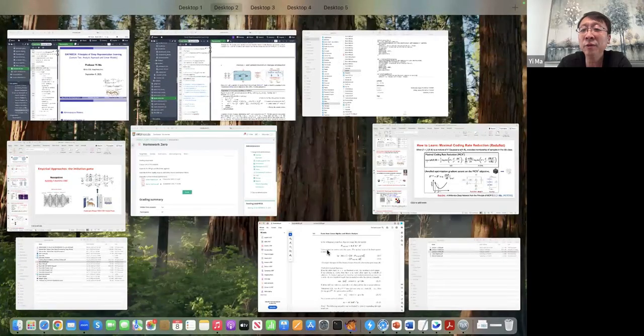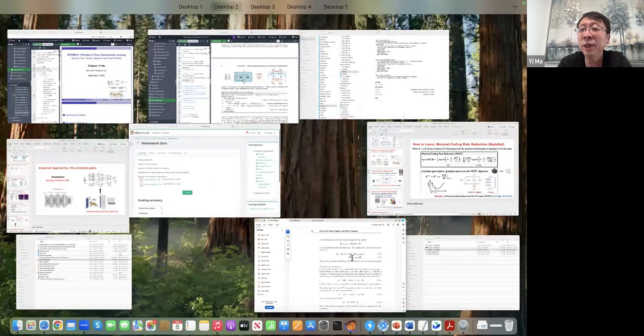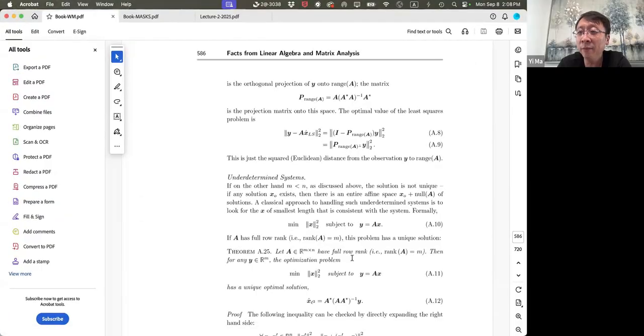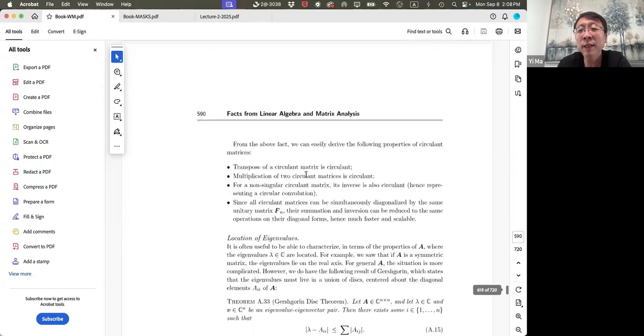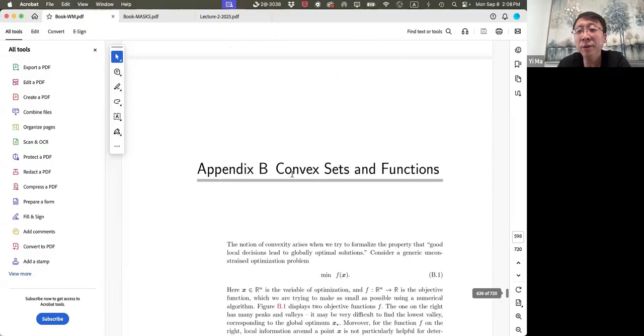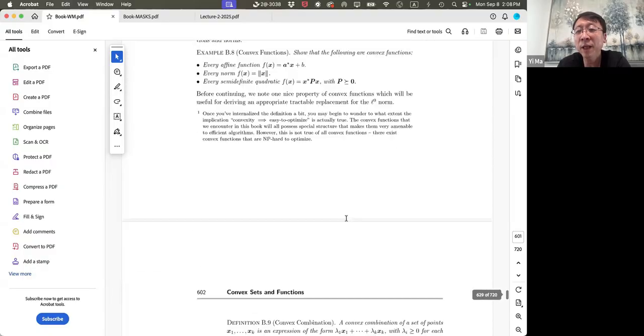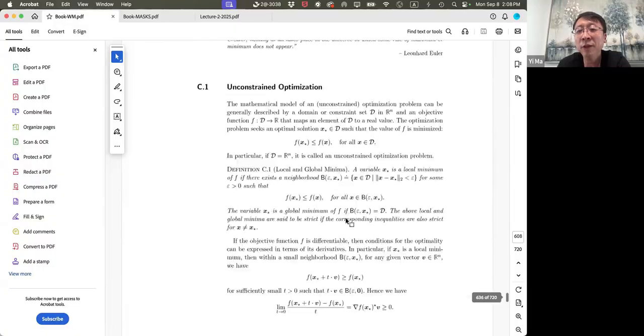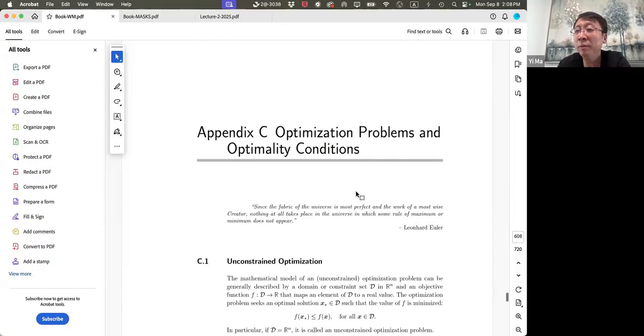And so far you should also familiarize yourself with Appendix A of the textbook, which is about the optimization background. My previous book also has an appendix about optimization as well, but they are covered slightly differently for different purposes: convex sets, functions, and, for example, basic optimization problems and optimality conditions.